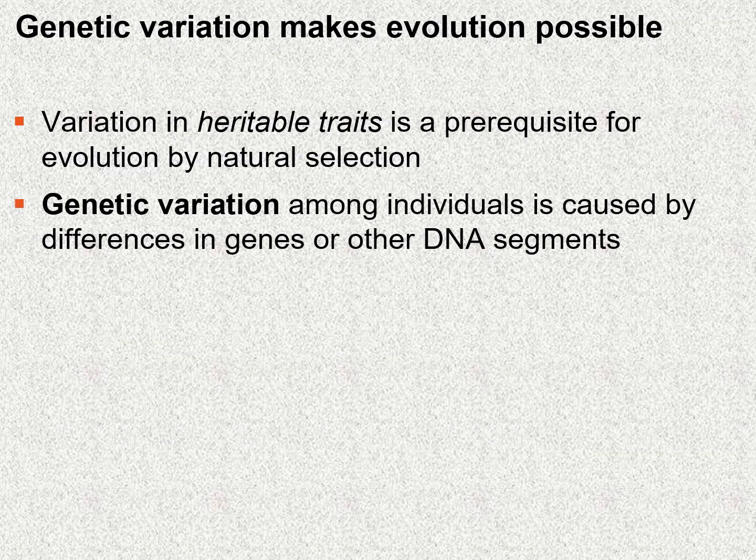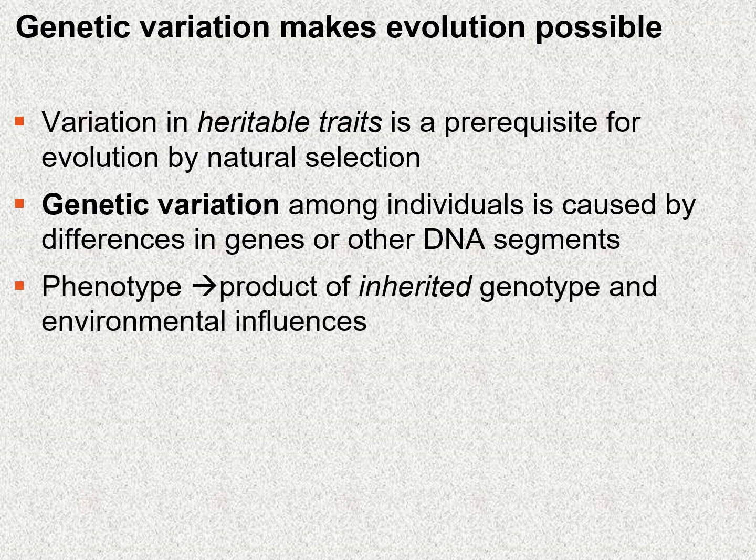Now, at the DNA level is where most genetic variation comes from. Genetic variation at the DNA level can happen in the genes, or it can happen in other DNA segments that are not genes. So remember, genes code for protein, and then there are segments of DNA that do not code for protein. Now, there's a difference between genotype and phenotype. So there's a little review of General Biology 1. Remember, phenotype is the product of an inherited genotype.